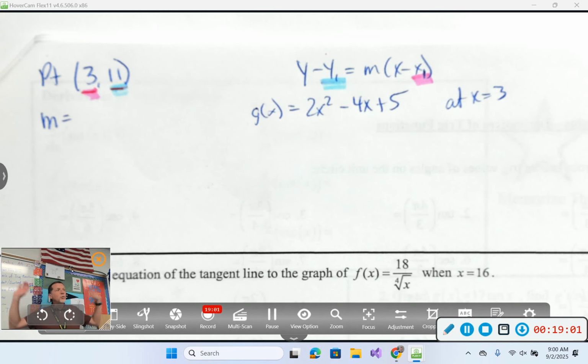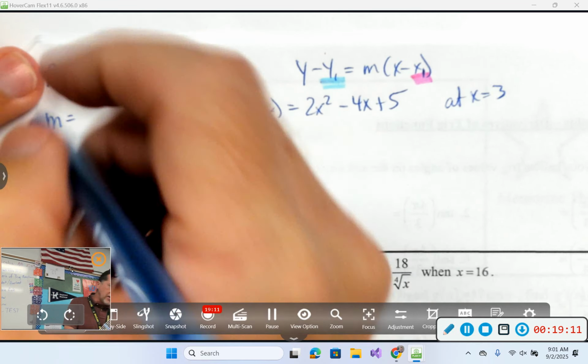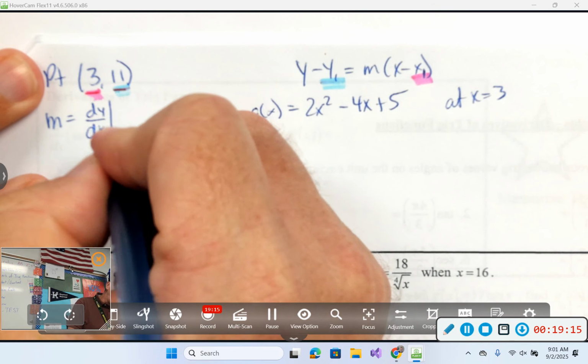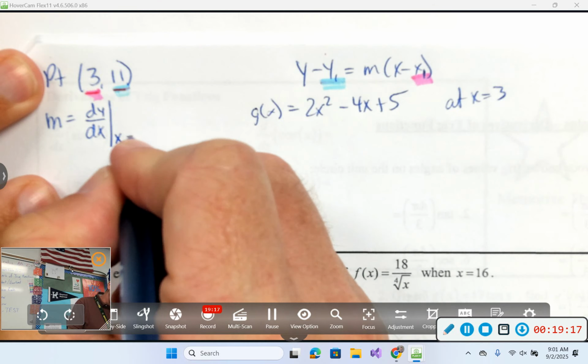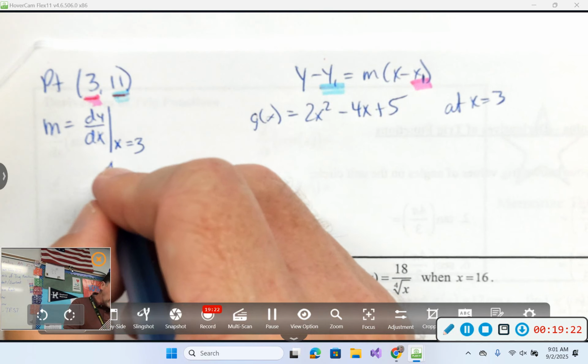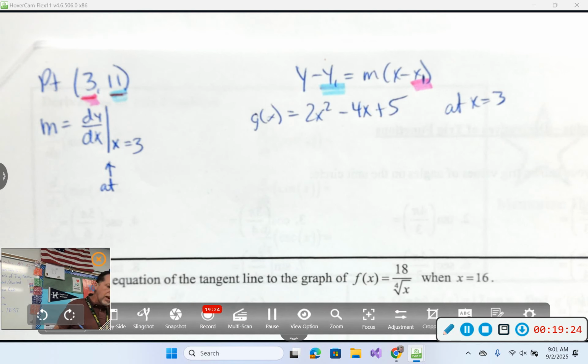So 2 words, the entire first semester, you got to link these 2 words in your brain. When it asks for slope, what's the calculus word that goes with that? Derivative. So I need to find the derivative. I don't know if you've seen this notation before, but a bar just means at x equals 3, or evaluate at x equals 3.